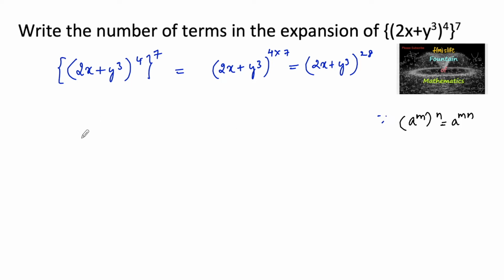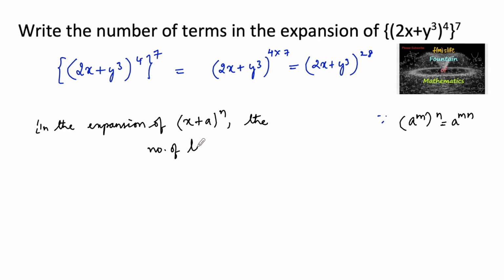Now, in the expansion of (x + a)^n, the number of terms is equal to n + 1.